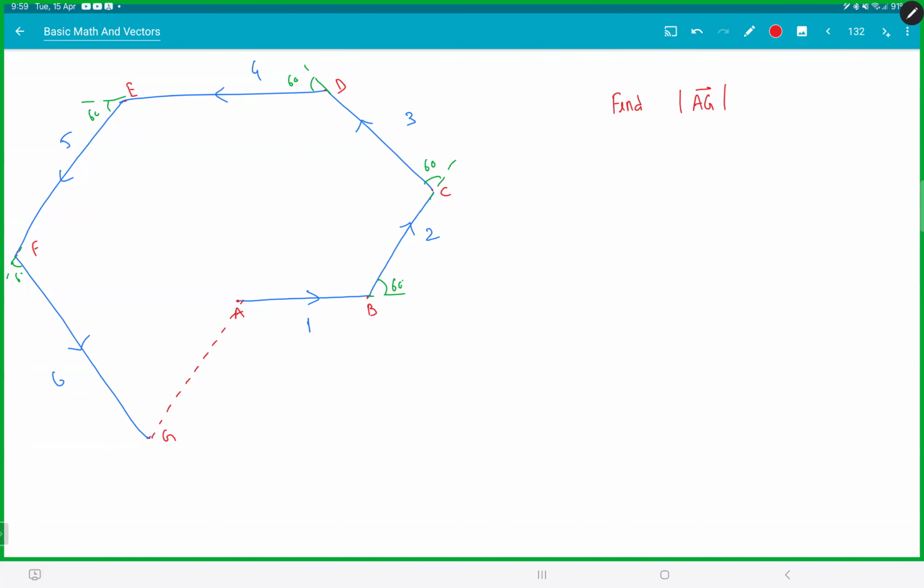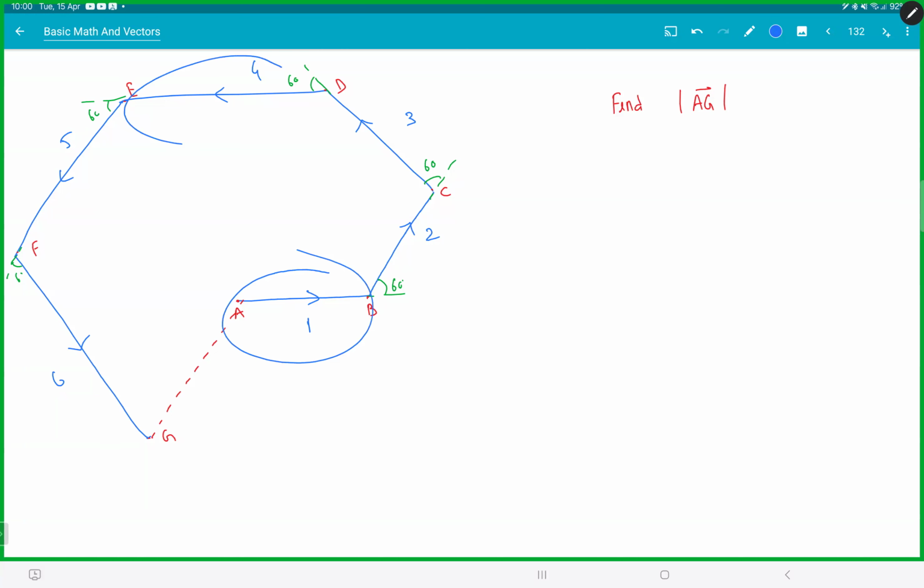It's not root 3. Let's see. Look at this thing.